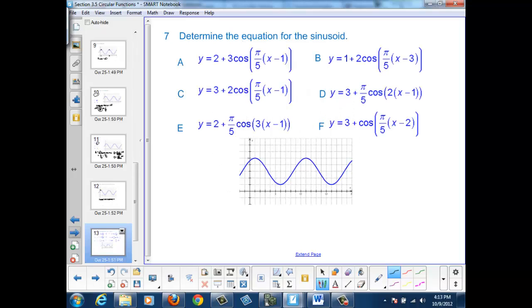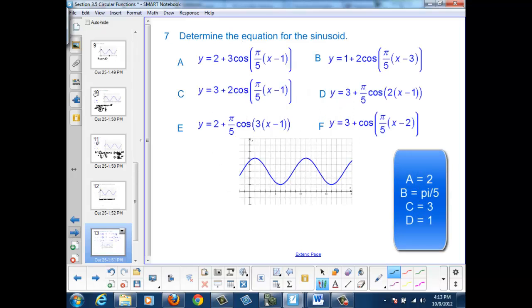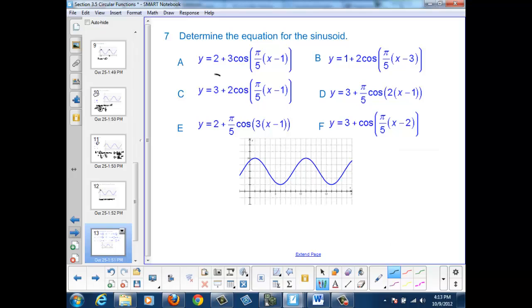Finally, if we want to put them all together, we remember that our A value was 2, our phase displacement was 1, our B value was pi over 5, and our sinusoidal axis occurred at 3. The equation that matches all of those is option C.